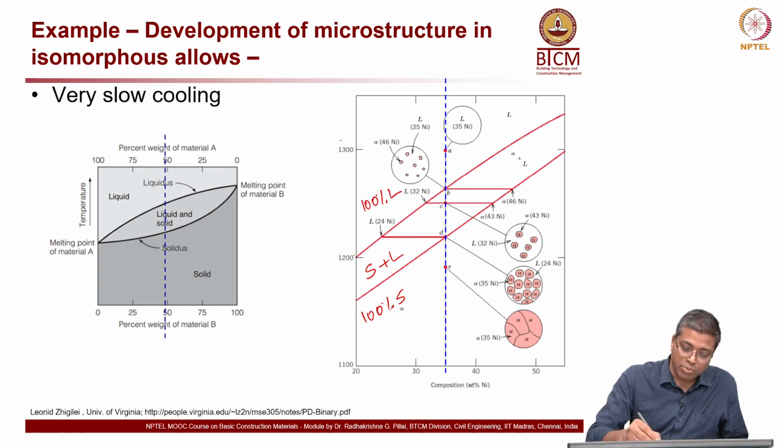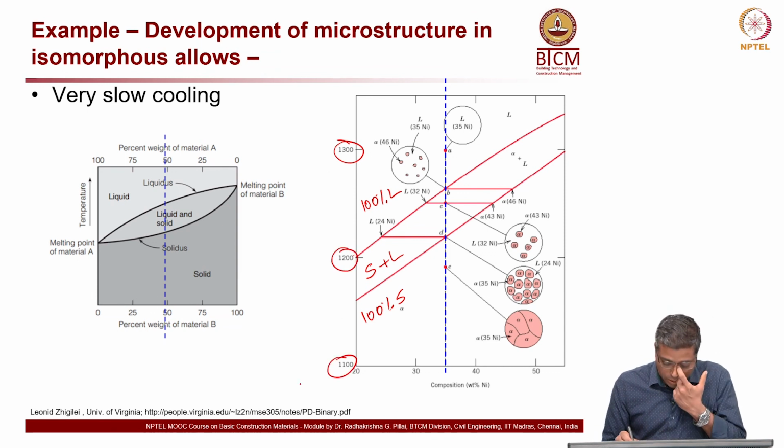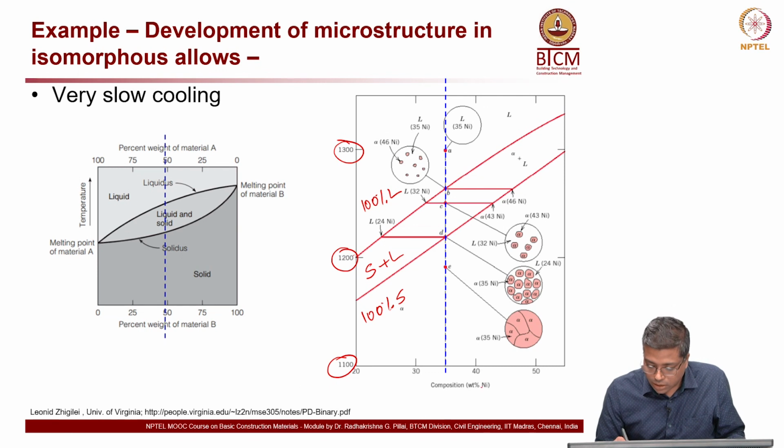Now look at the temperature: this is 1300, 1200 and 1100. The composition of this material is given in weight percent nickel, but that is not the important thing here. I am just trying to show you how the phases are different.